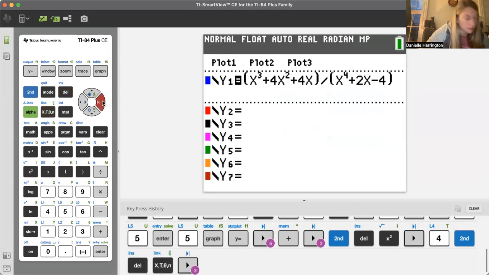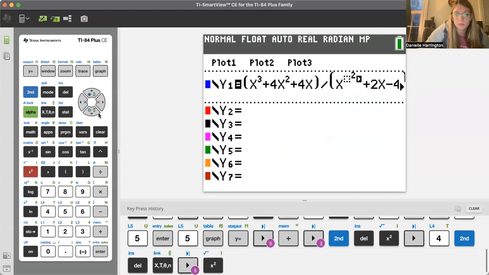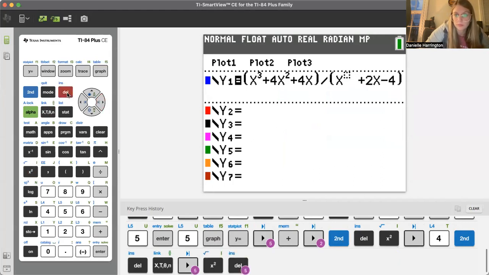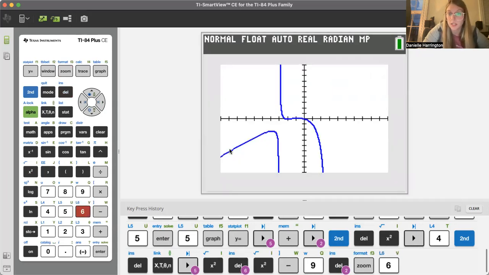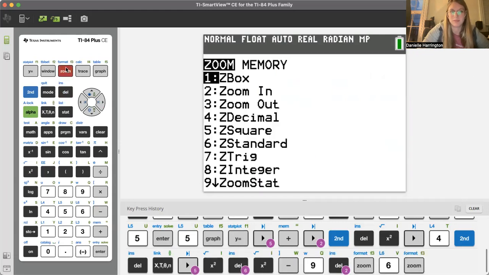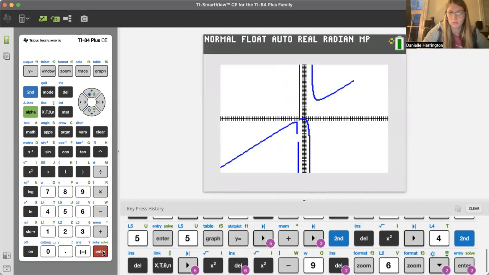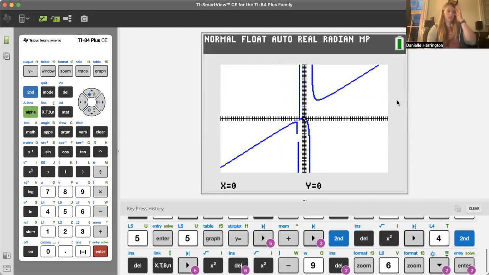And then my denominator is x squared minus 9. And that is my lazy way of fixing it. I'm going to go to Zoom Standard, take a look. Looks like something's missing, because there is. Just zoom out, just once. And now we can see all the things that we care about.